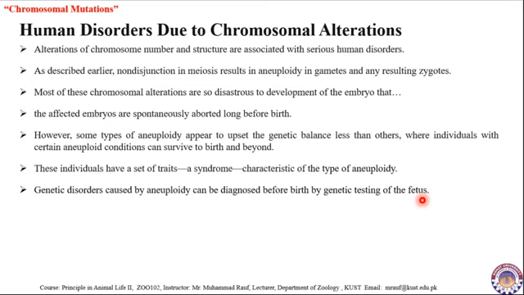Amniocentesis and chorionic villus sampling are done at some stage after pregnancy is established, and the latest type of test in practice is pre-implantation genetic diagnosis, where the sperm and the egg are taken from both parents. They are fertilized in vitro, outside in a test tube, and after fertilization the proper conditions are provided and the zygote starts developing and dividing. After some time some cells are taken from it and analyzed.